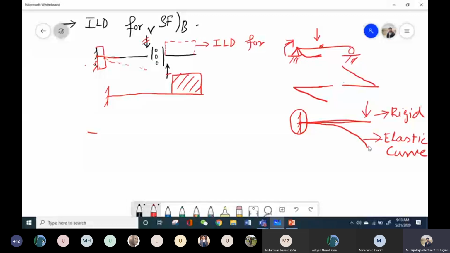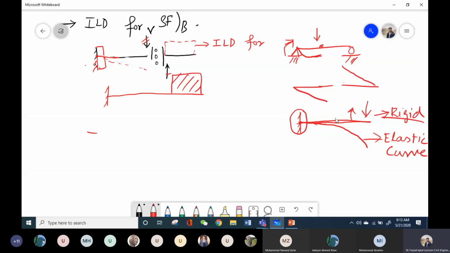We have to look at the support to figure out the deflected shape. So this diagram is correct when the beam has elasticity, but when there is rigidity, there won't be any such elastic curve. There will be either a complete deflection or no deflection, and the support will control this deflection.